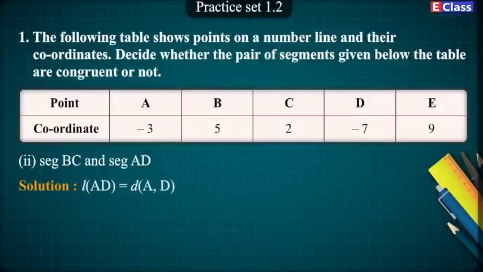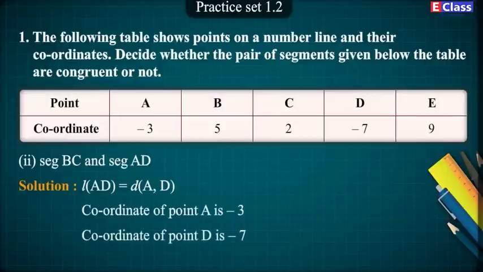Length of AD is equal to distance of AD. Coordinate of point A is minus 3. Coordinate of point D is minus 7. Minus 3 is greater than minus 7. Therefore, distance of AD is equal to minus 3 minus (minus 7).